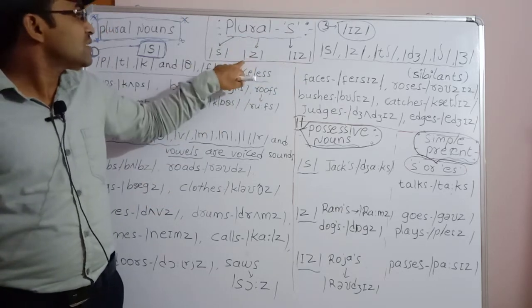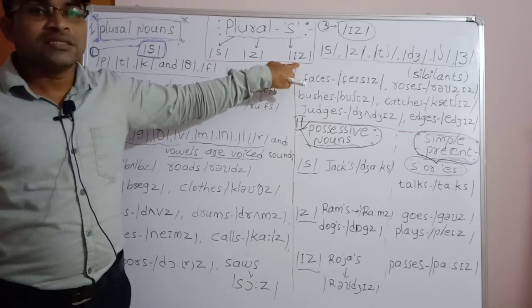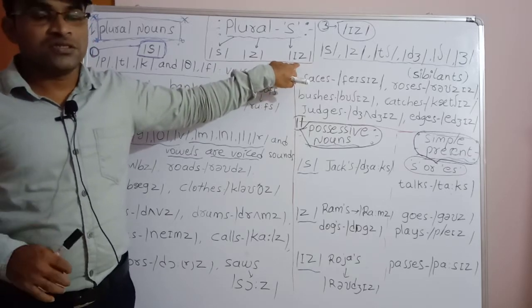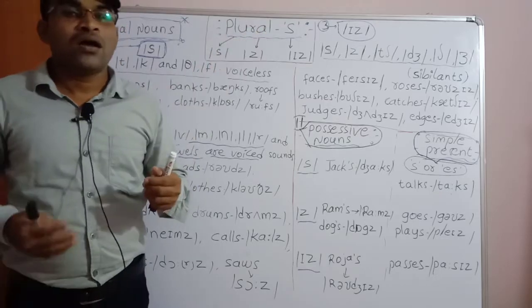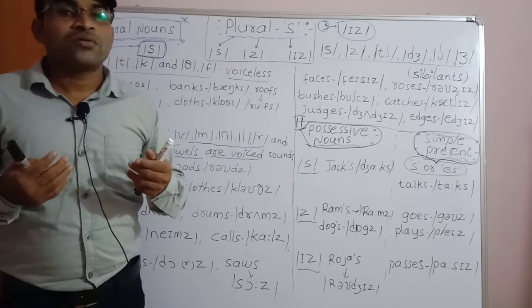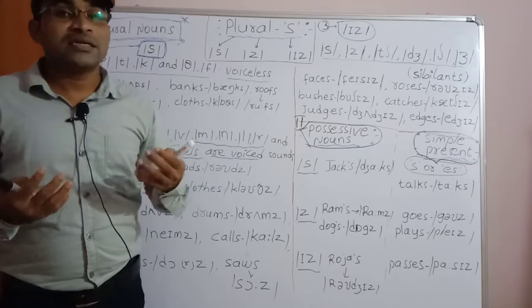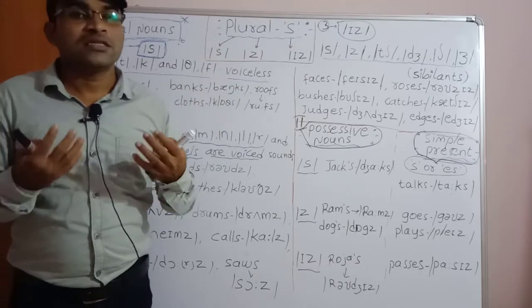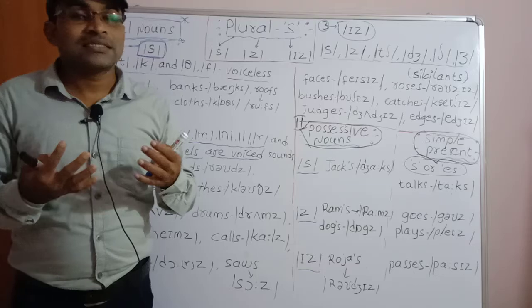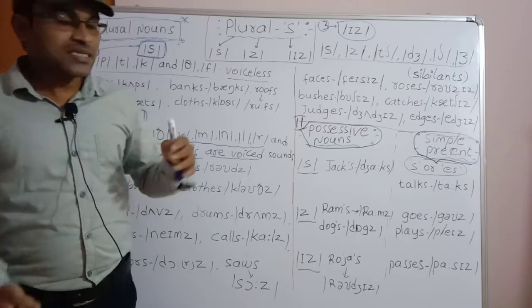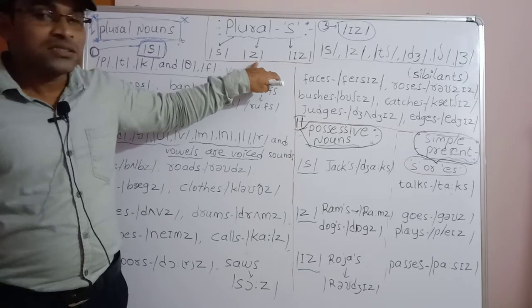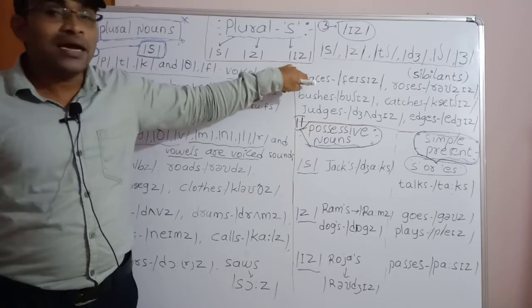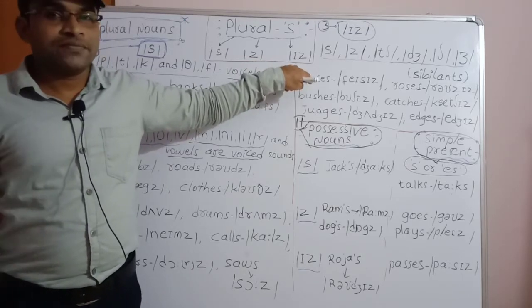The plural s has these three sounds. Let's see how and when the suffix s is pronounced as s, z, and iz.